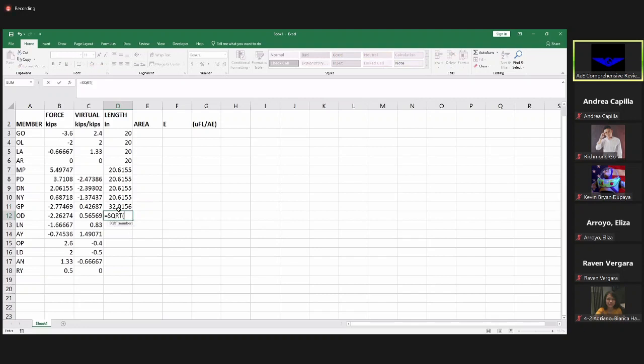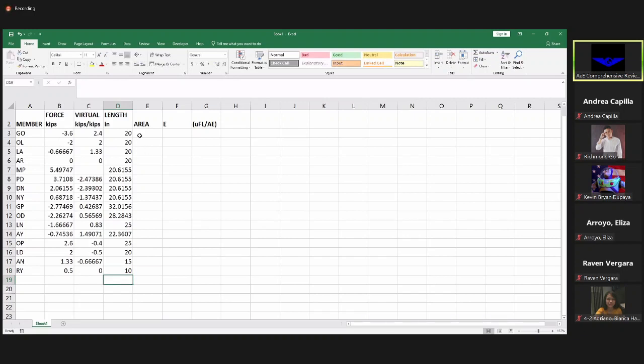Ito, OD, square root of 20 squared plus 20 squared. Okay, tama naman. LN is square root of 20 squared plus 15 squared. And then the last one is square root of 20 squared plus 10 squared. And then yung mga vertical OP, that is 25. No, na-compute natin kanina. 20 ang LD, AN is 15, and then this RY is 10.